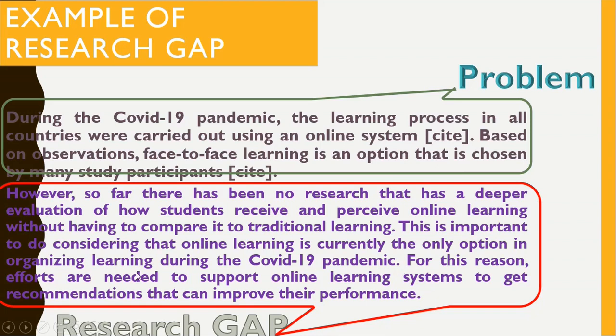For this reason, efforts are needed to support the online learning system to get a recommendation that can improve their performance. So the last statement is the highlight of the research gap. This is a small example of how you can write the research gap.